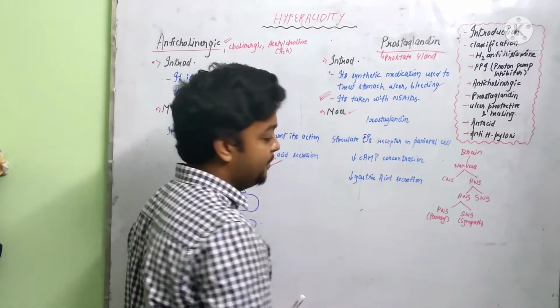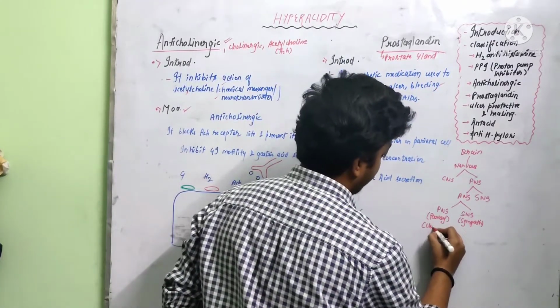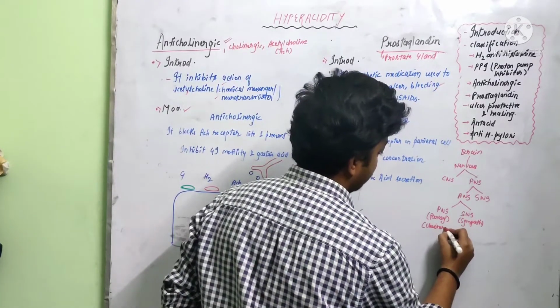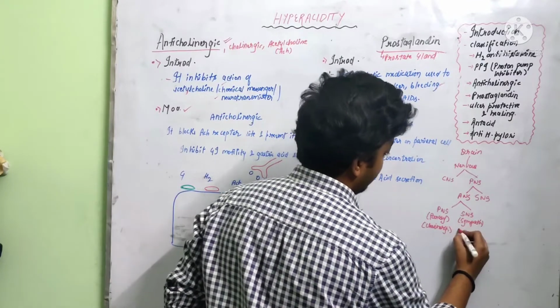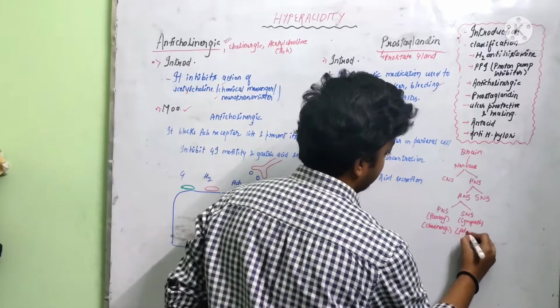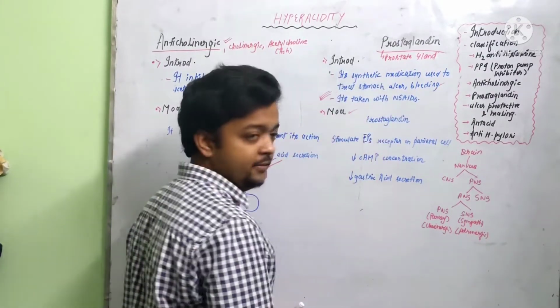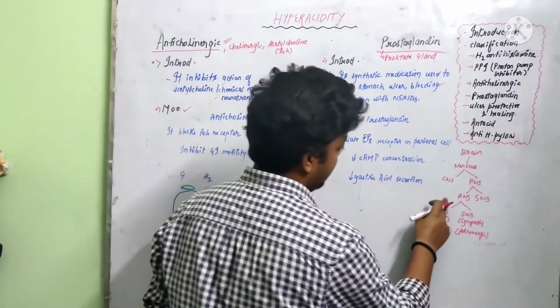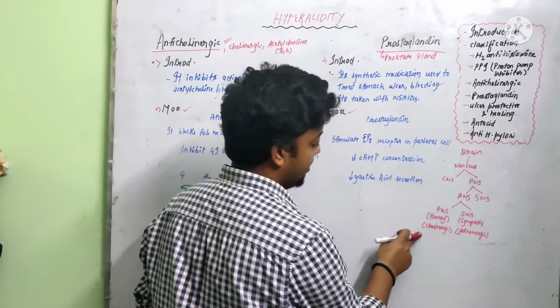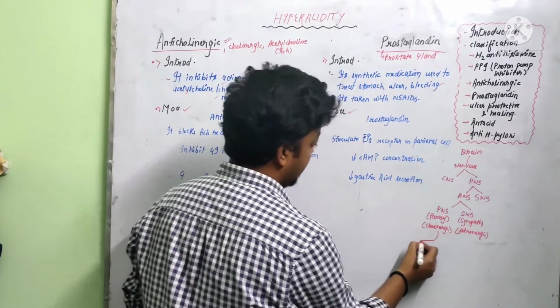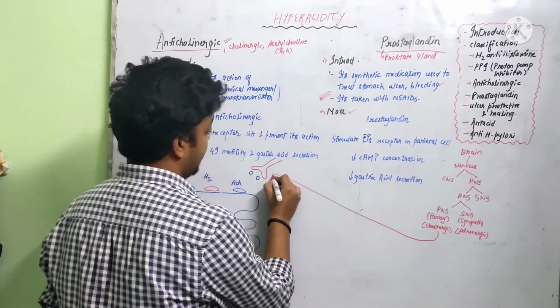So this is basically nothing but the cholinergic system. Another name for parasympathetic is the cholinergic system, and these are the adrenergic system, right guys?